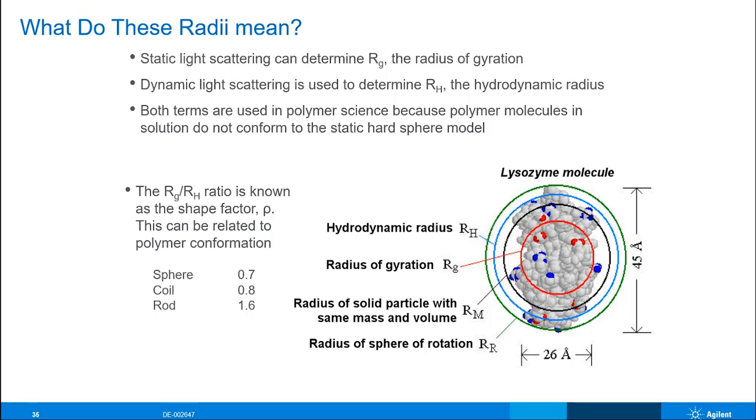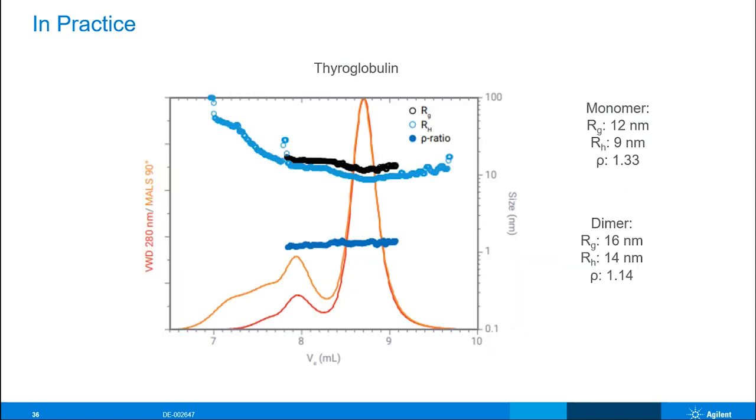A monomer of thyroglobulin has a radius of gyration of 12 nanometers, a radius of hydration of 9 nanometers, and a shape factor of 1.33. So we're not quite rod-like, but we're certainly in a transition state between an ideal coil and a rod-like structure.